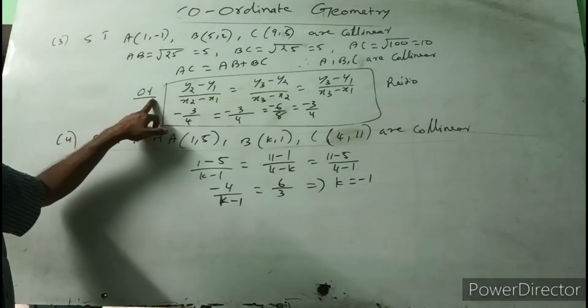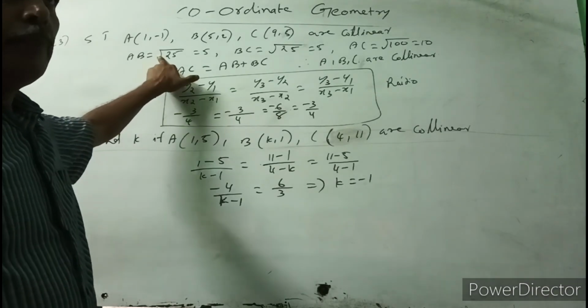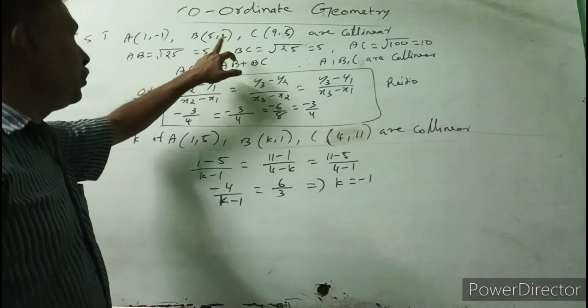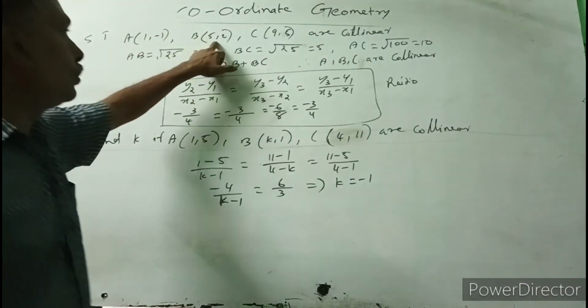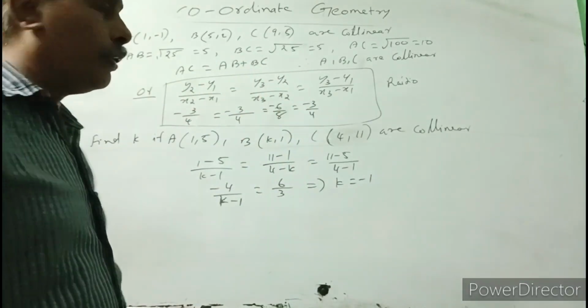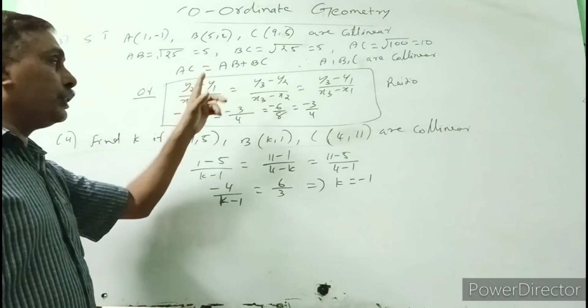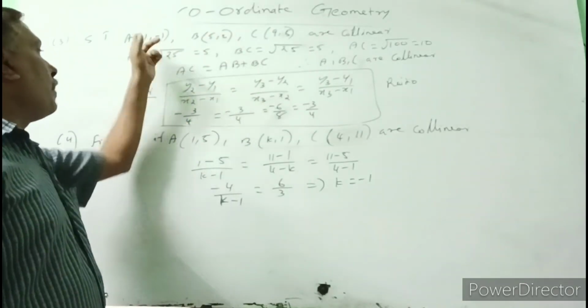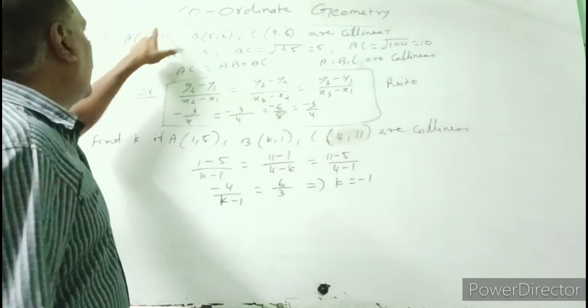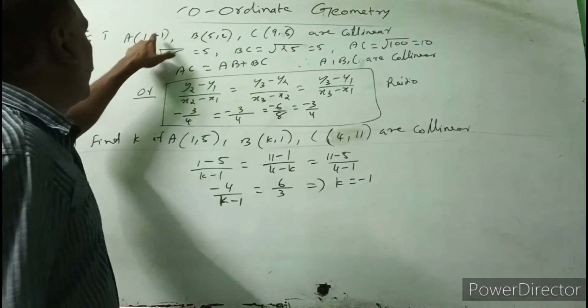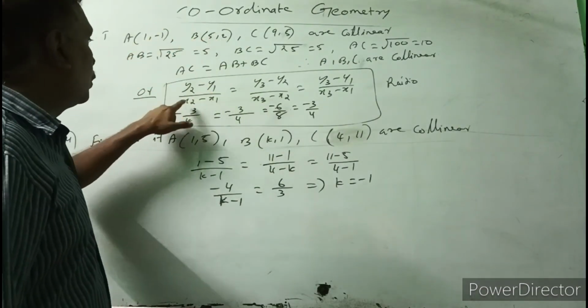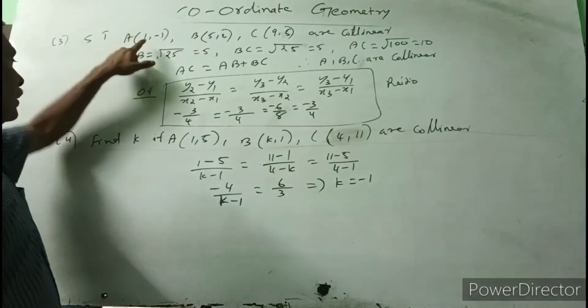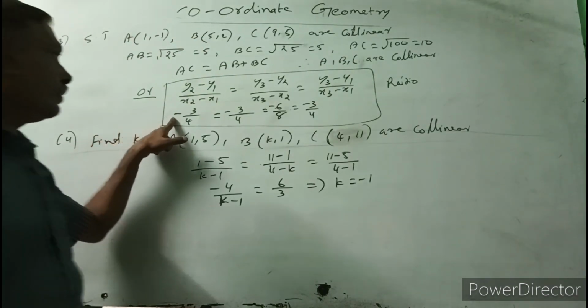There is an alternate method for collinearity. If you take the ratio, suppose these are (x1, y1), (x2, y2), (x3, y3), I took them as three points. Then you may see the ratio (y2 minus y1) divided by (x2 minus x1), that is 2 plus 1 divided by 5 minus 1, you will see minus 3 by 4.